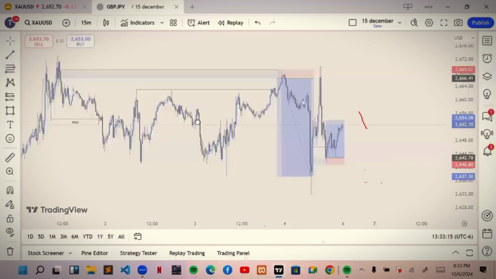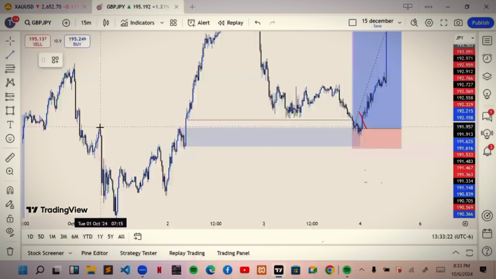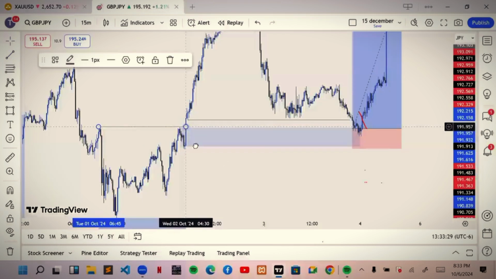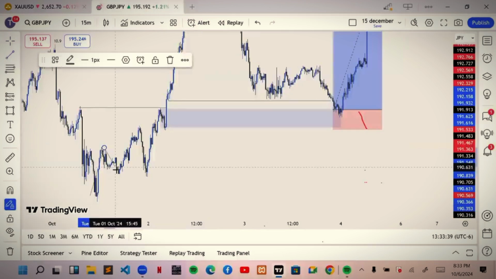So this trade, this is a resistance level in the market. And you can clearly see this was a resistance level in the market, right? And then the market was making higher highs and higher lows, which you can clearly see from this.